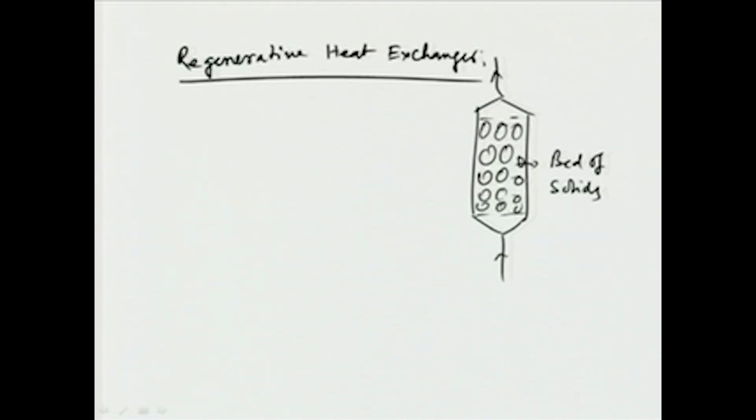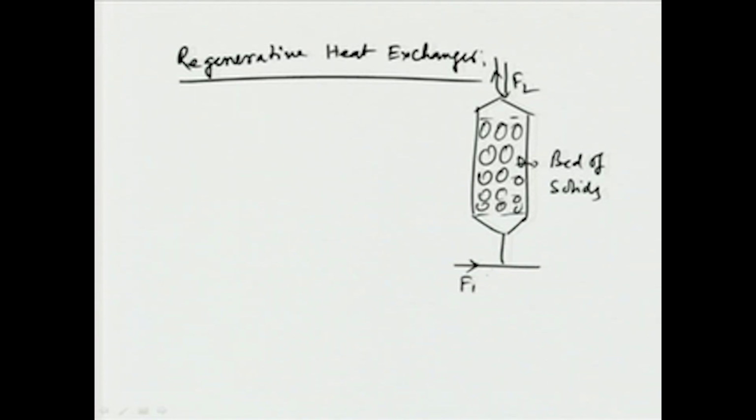So, from one side one flow, say this is fluid 1, and the other fluid is coming like this, this is fluid 2. If I draw it the other way around, it will be like this.